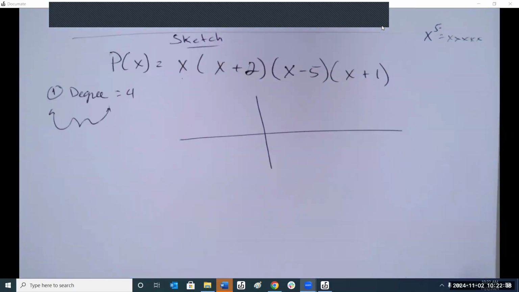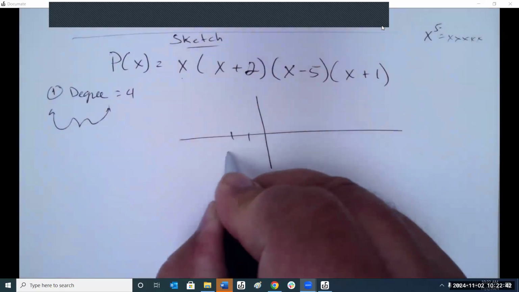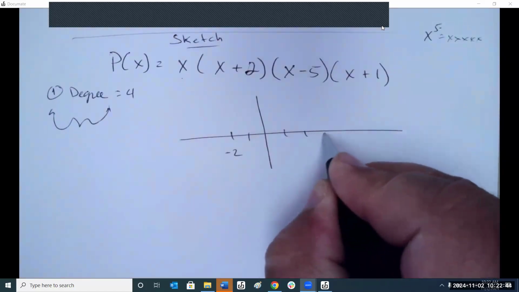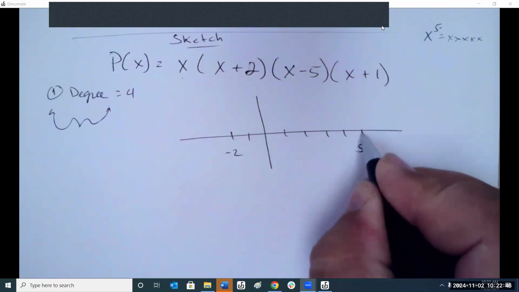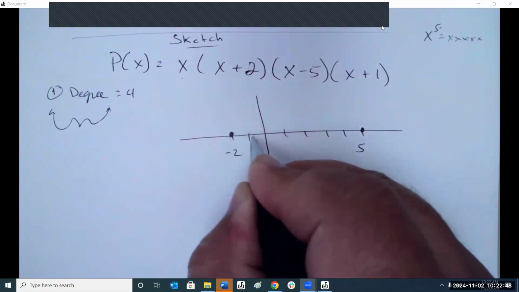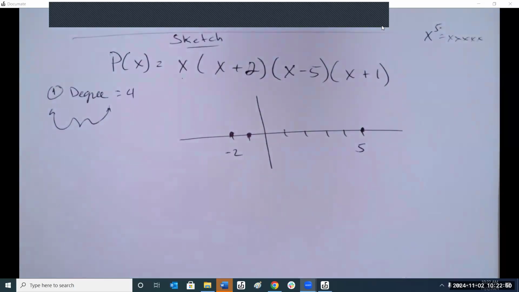Where are my solutions at? Only 3. Positive. -1. Would it be 1?